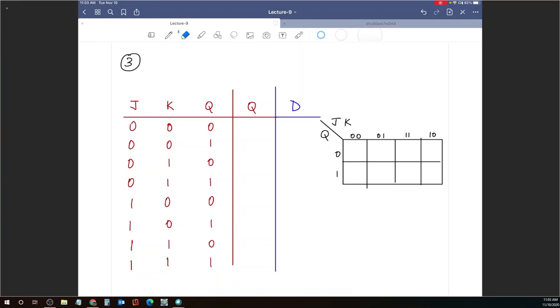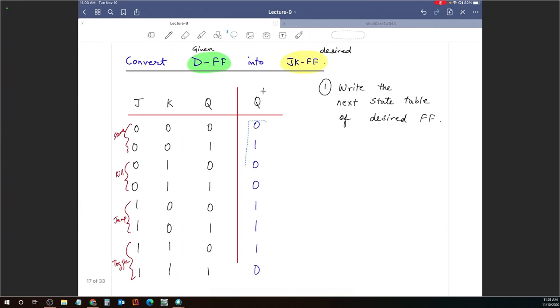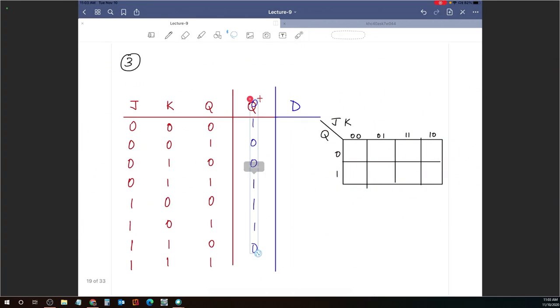Oh, I missed a plus here. From earlier, I had figured out Q plus, the next state table. So let me copy that. I had figured this out, so I'm going to paste it over here, and hopefully it aligns well. All right, so that was step 1.